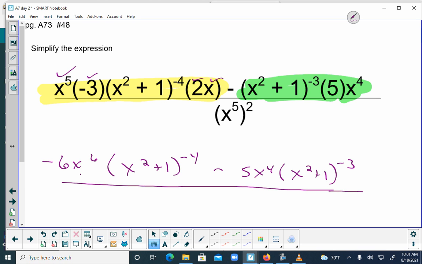Now all I'm going to do is bring the monomial out front. That's all I can do in that second one. And then what's my denominator going to be, Alex? X to the 10.